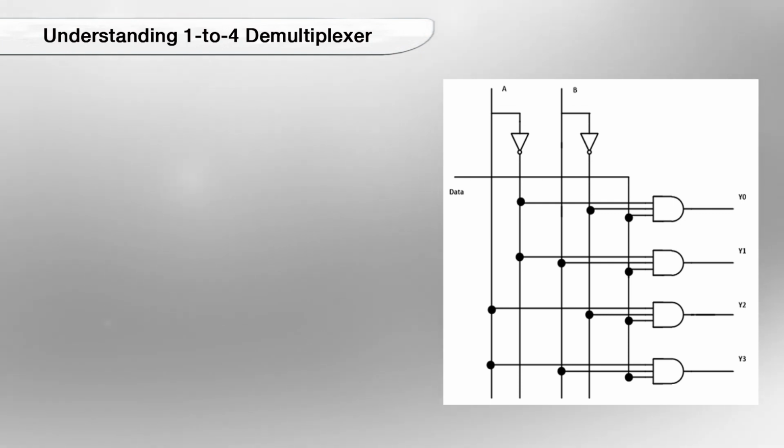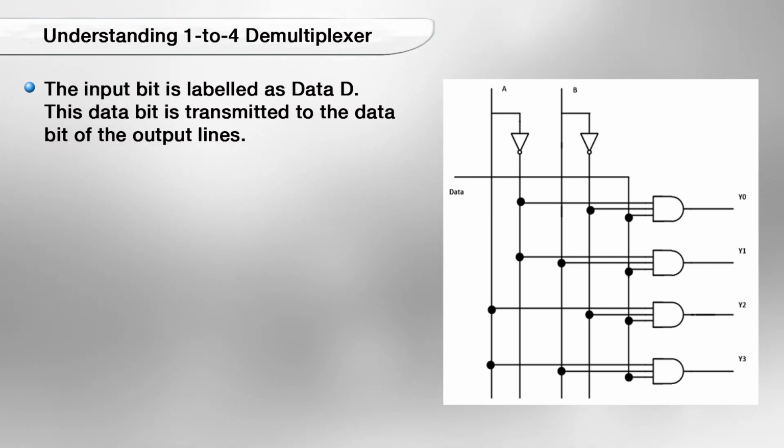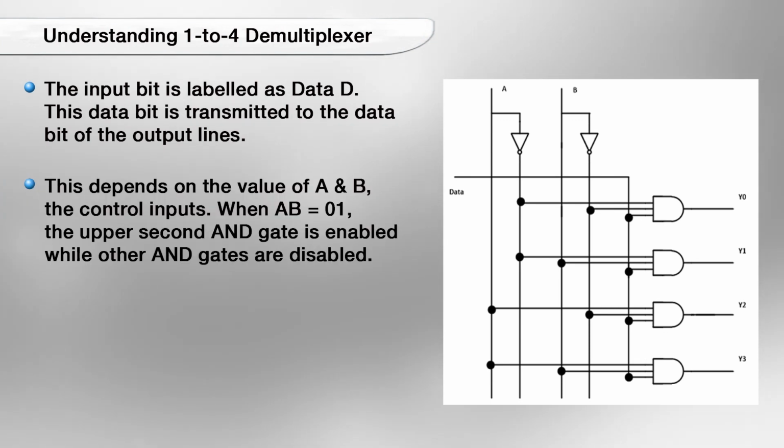Here we can see we have one input line and 4 output lines along with two control signals. The input bit is labeled as data D. The data bit is transmitted to one of the output lines. This depends upon the value of A and B, the control inputs.